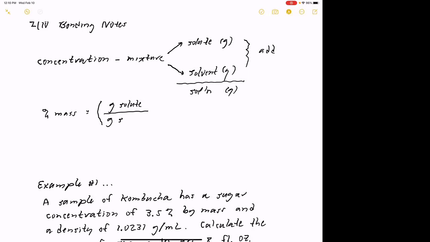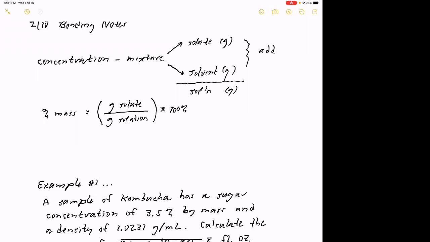So that's grams of total solution. And then if I want to turn that mass ratio into a percent, obviously I have to multiply it by 100%. Okay, so that's a way of stating a concentration or a composition of our solution from a quantitative perspective.